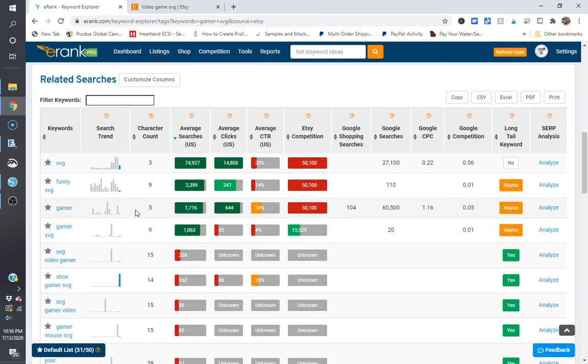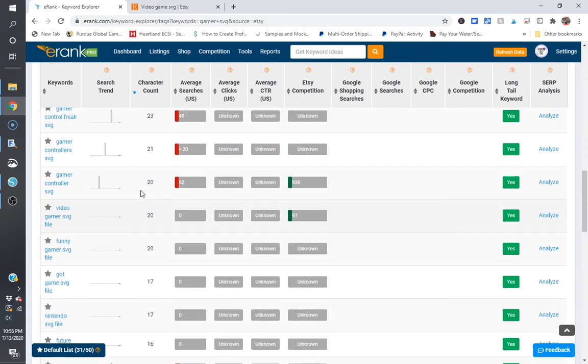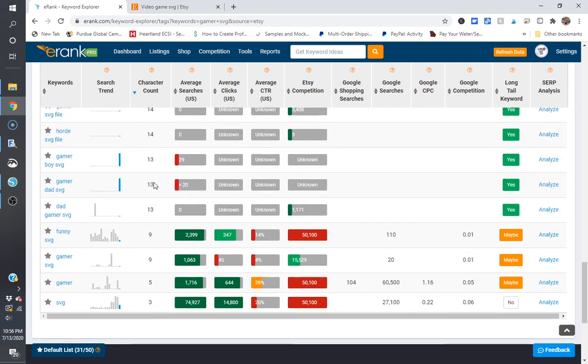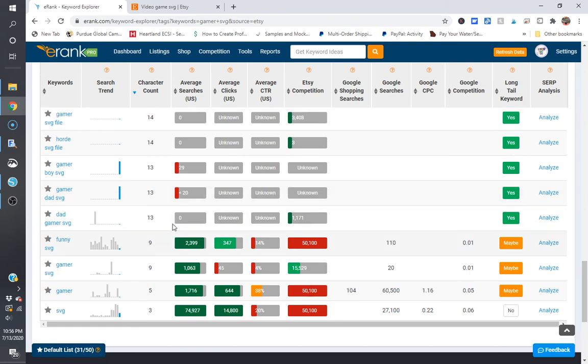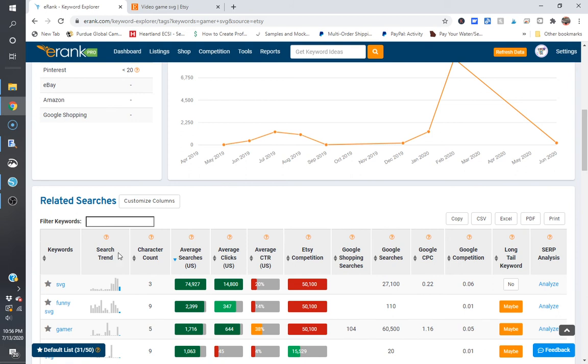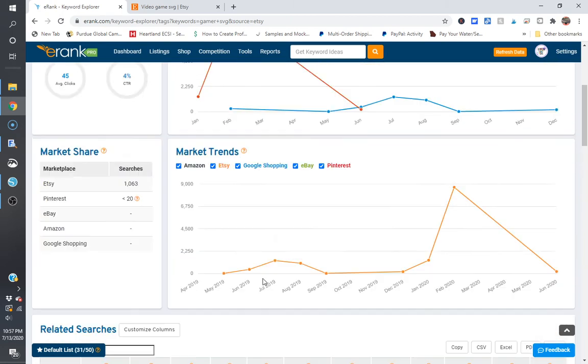One nice thing about eRank, I will say, versus Marmalade, is it does give you a character count. And obviously, we can only fit in 20 characters in our tags at a time. So if you want to search by character count, you can look for that for other long-tail keywords. Okay, so keep that in mind. This keyword explorer just gives you different ideas to look for.